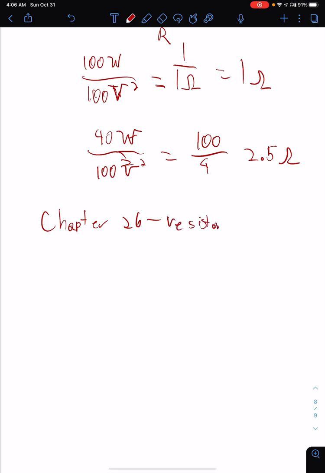Resistors in series and parallel. So we've already talked about this. Series and parallel. Kirchhoff's rule.